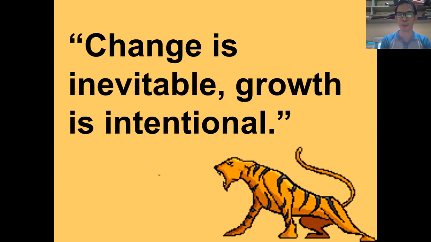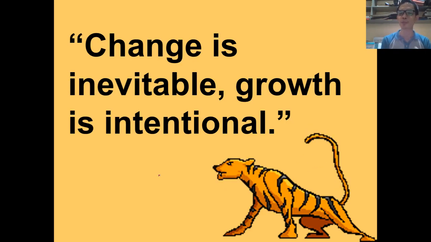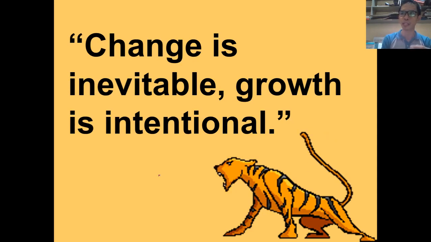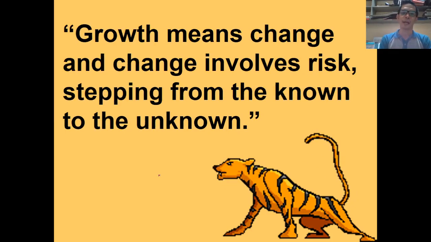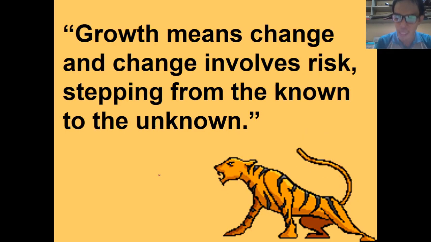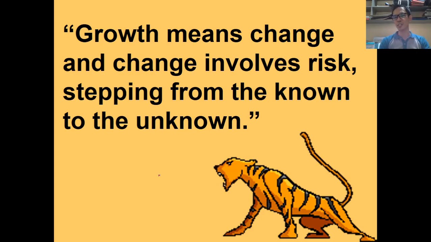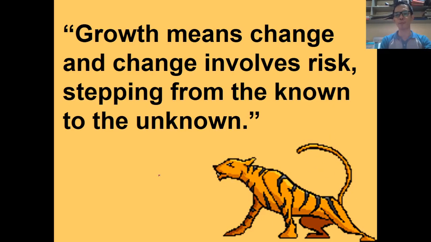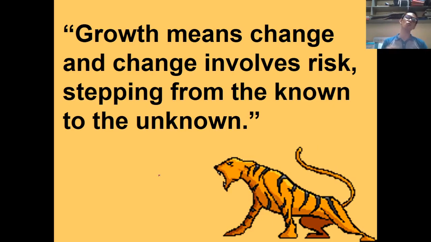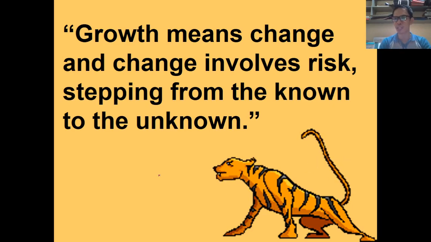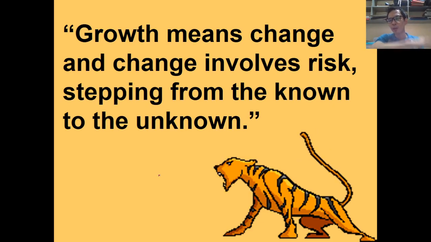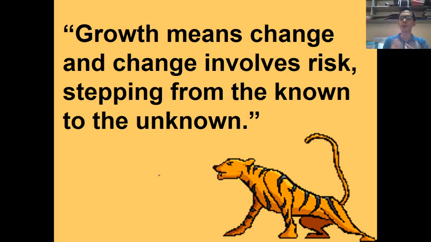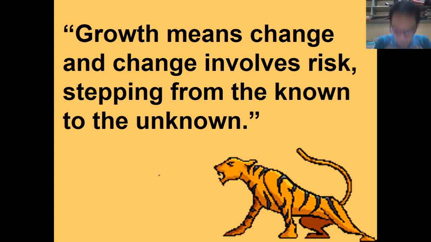That is inevitable. It's up to you if you will adapt to this change. If you adapt, then you will survive. If you do not adapt to that particular change, you will not be able to survive. Growth means change, and change involves the risk of stepping from the known to the unknown. That's the reason why some fishes tend to step out of the water and go to the land to explore the worlds above them.